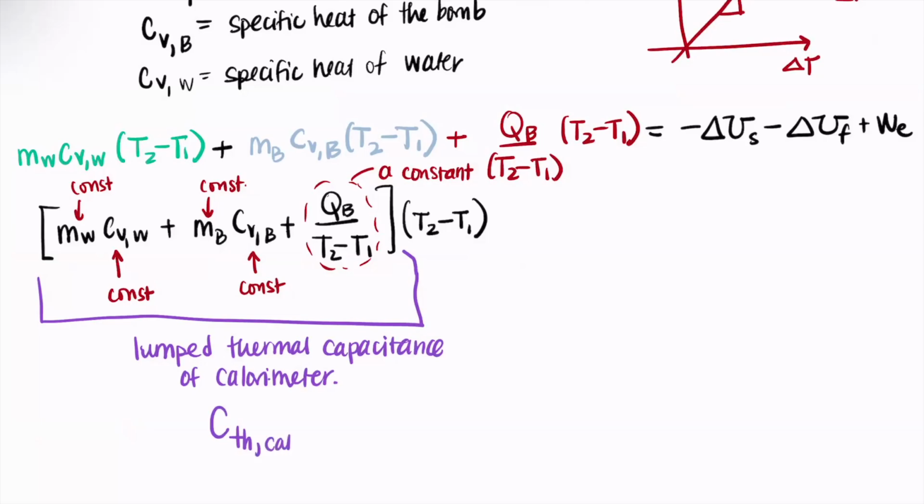The reason that you had to write down which setup you're using, number one or number two, is because this is calculated through a calibration procedure. So the value of the capacitance for the calorimeters is given to you, but it's different for one versus two.